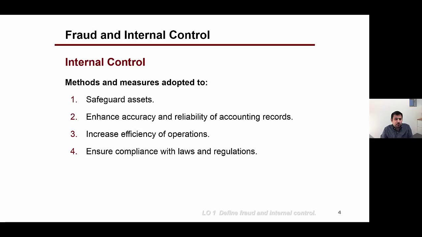And finally, internal controls are a requirement. The companies are required to comply with laws and regulations, and internal control systems help ensure this compliance.